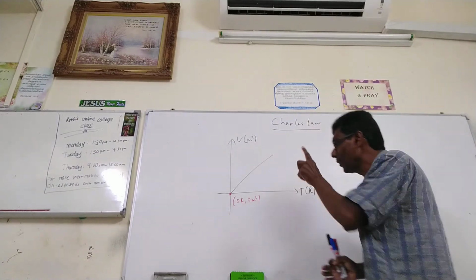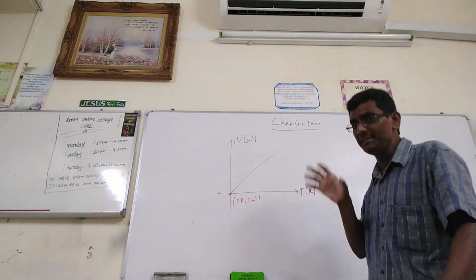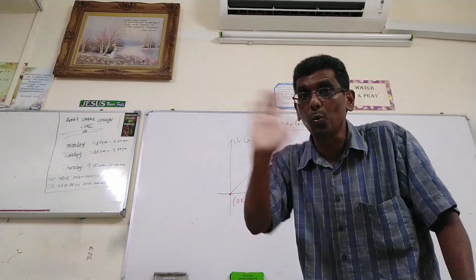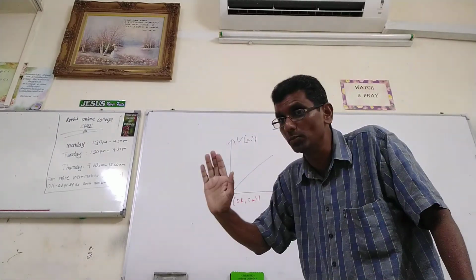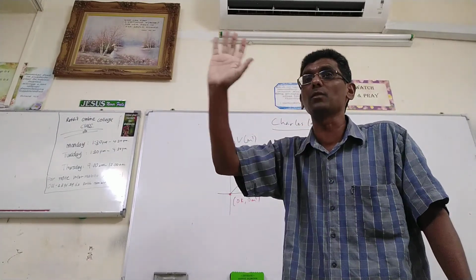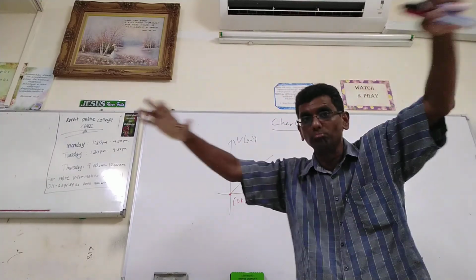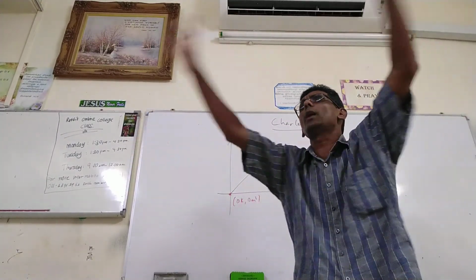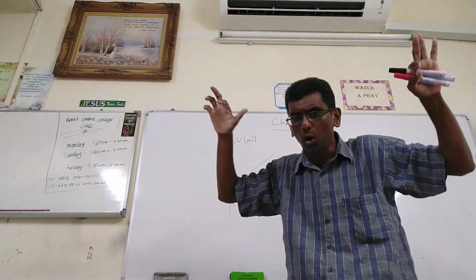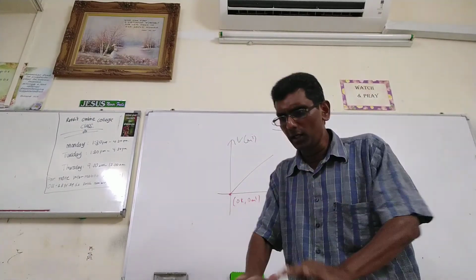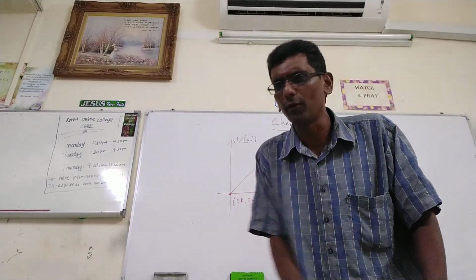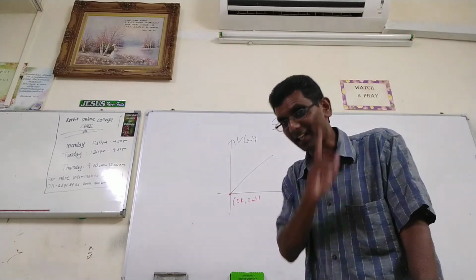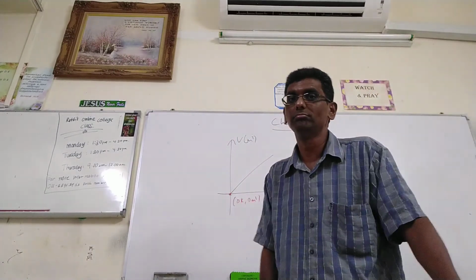But at 0 Kelvin, there's no volume of gas, oxygen, or carbon dioxide. There are no air molecules flying around. All the air molecules will lay down on the floor. That is what no volume means.